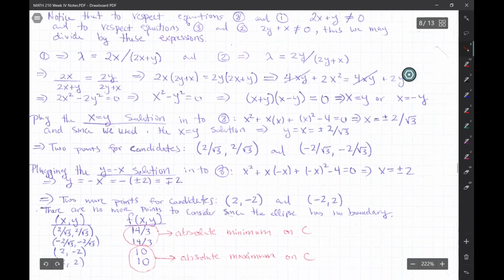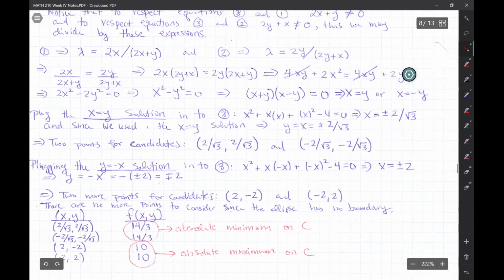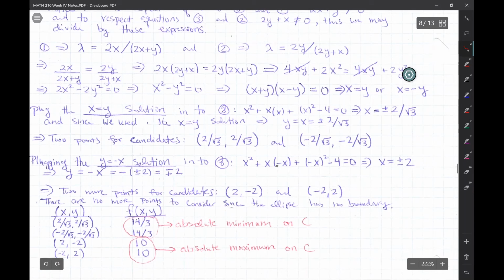Okay. Next, we're going to plug the y equals negative x solution into 3. Okay, and now there was a y here. We just plug negative x. There was a y here. We plug negative x. And we simplify and solve, and we get x is equal to plus or minus 2. Now, y is equal to negative x, so whatever sign your x is, y is going to flip it with that minus.